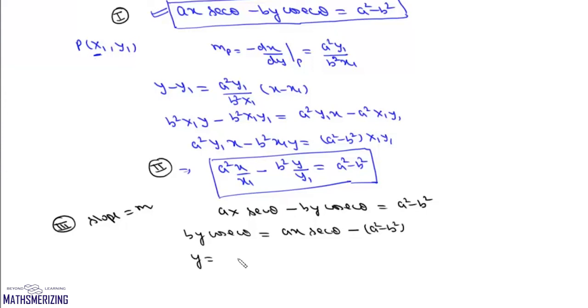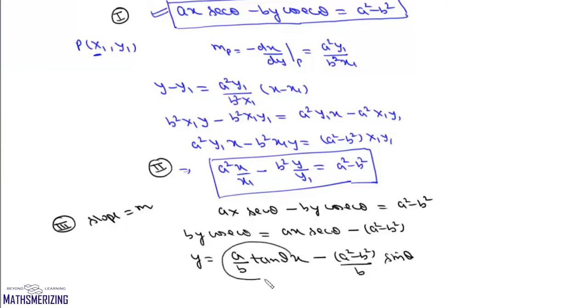So we'll write this equation as y equals a upon b tan theta x minus a square minus b square upon b, and then it will be this sin theta.